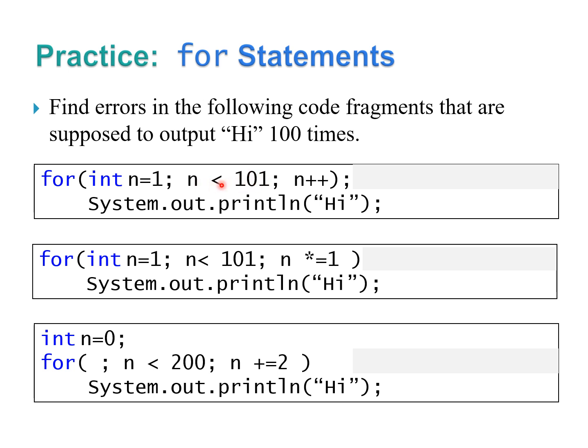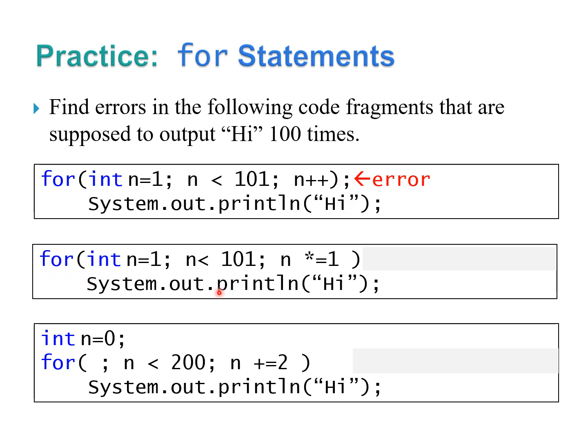So it will loop from 1 to 100. However, note that we have a semicolon at the end of the for header. So that means that this statement is outside of the loop. So therefore, it will only print out the word hi only once instead of 100 times. And so this error is a logic error caused by this semicolon.